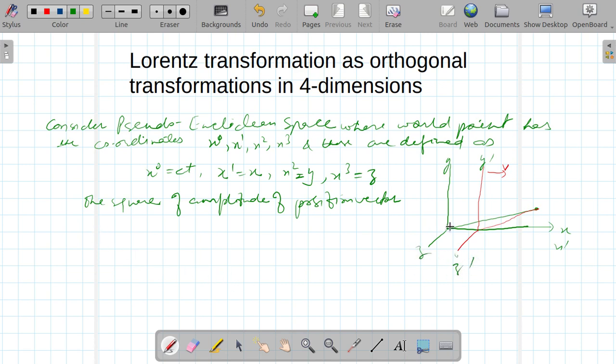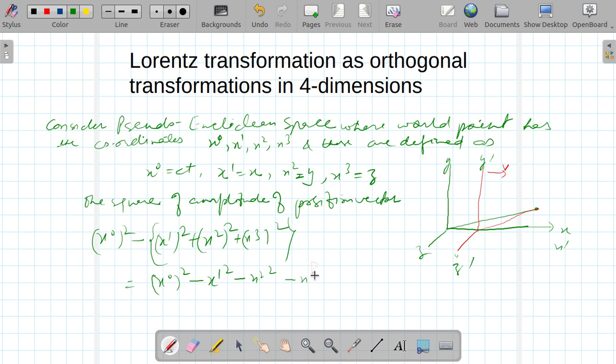So the square of the amplitude in this frame of reference can be defined as x0 square plus x1 square plus x2 square plus x3 square, or you can simply write it as x0 square minus x1 square minus x2 square minus x3 square. And this is an invariant quantity.